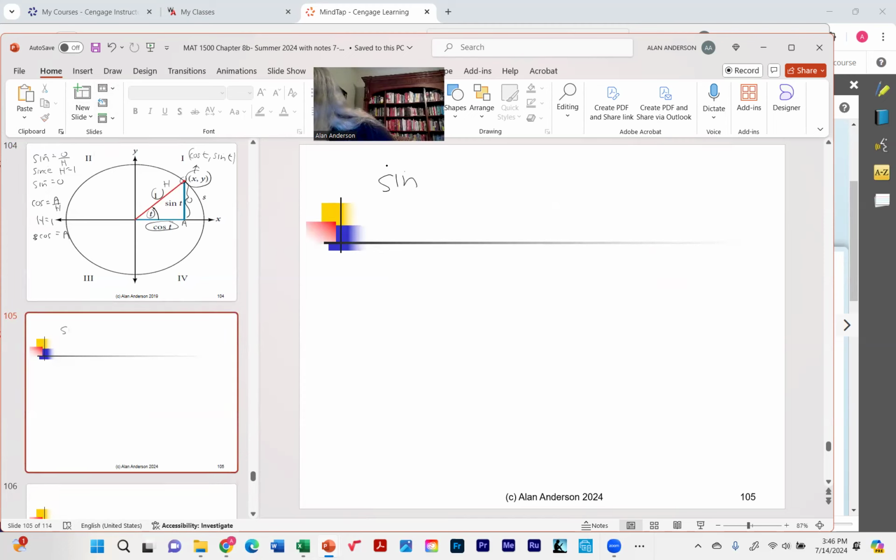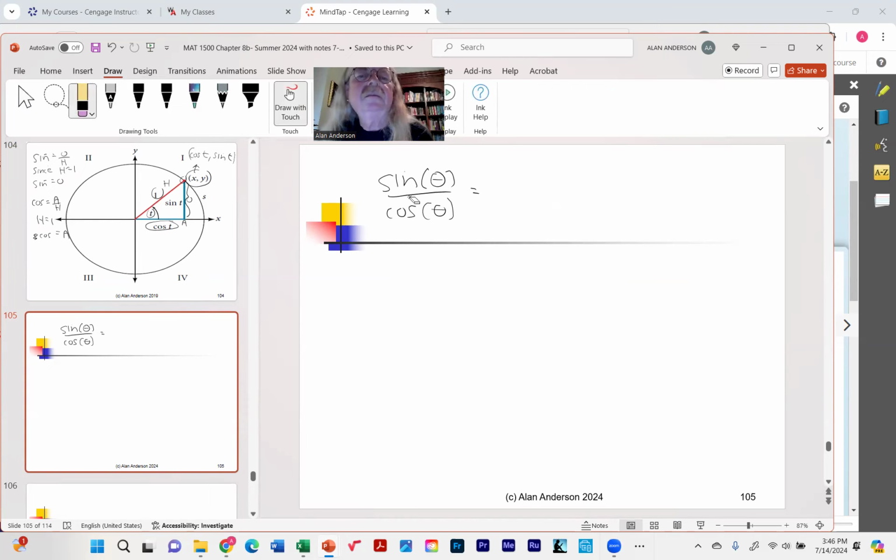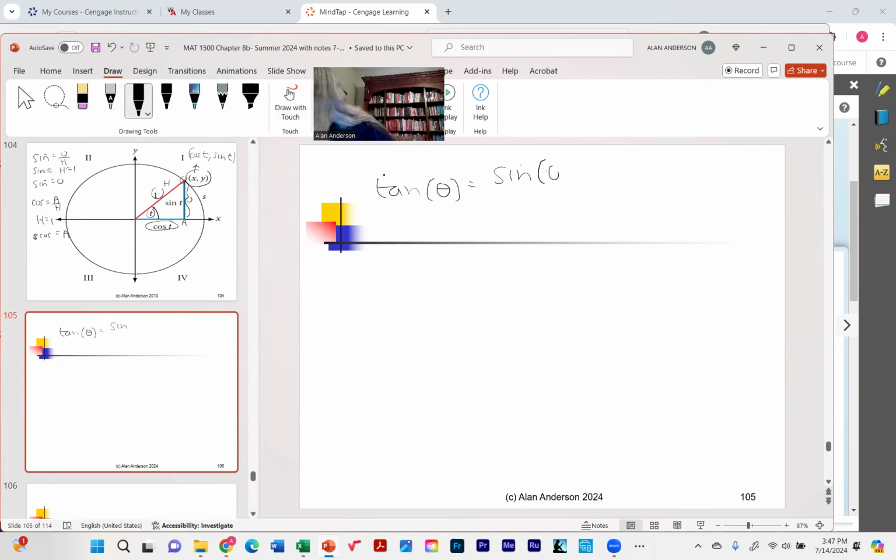Because if you recall, the sine of theta over the cosine of theta is the tangent. What about the others?